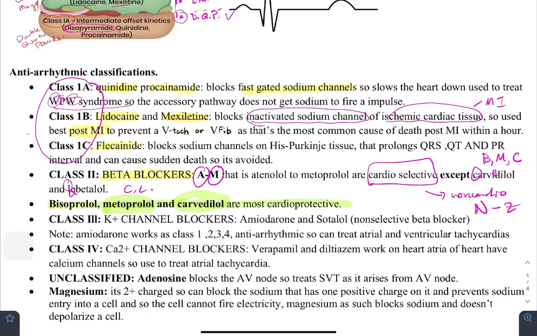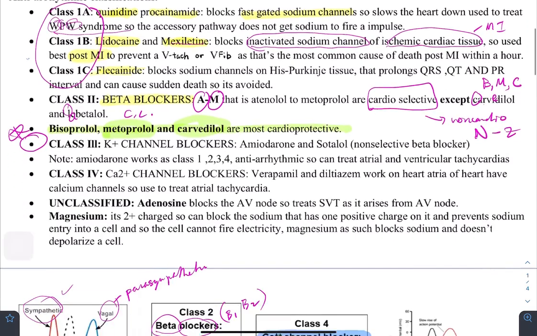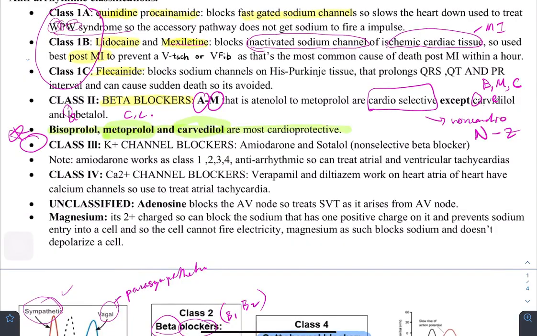So class 2 is your beta blocker. Class 3 is very special. We'll come back and talk about it last. We talk about class 3 last. Class 4 would be your calcium channel blockers.